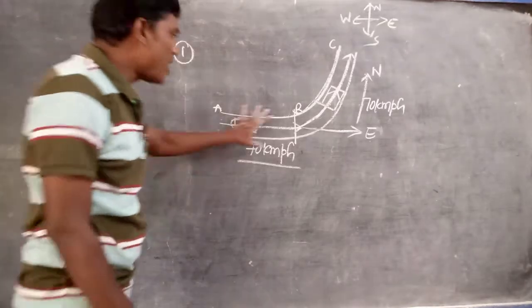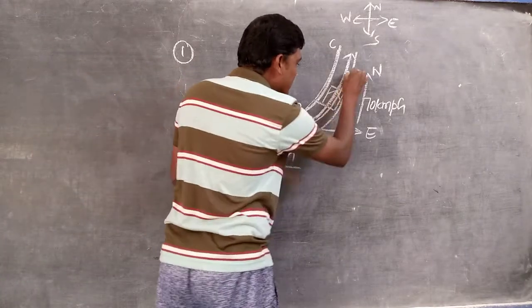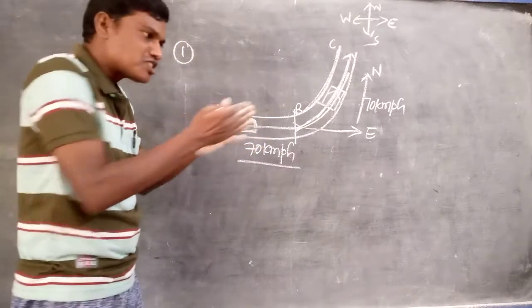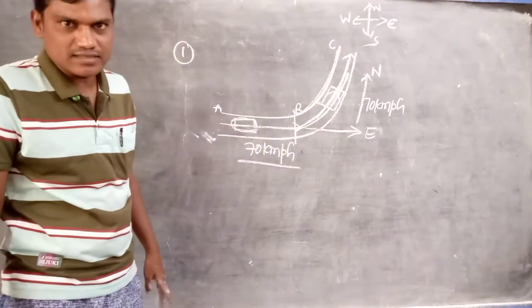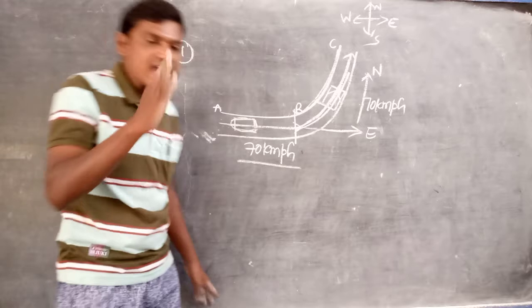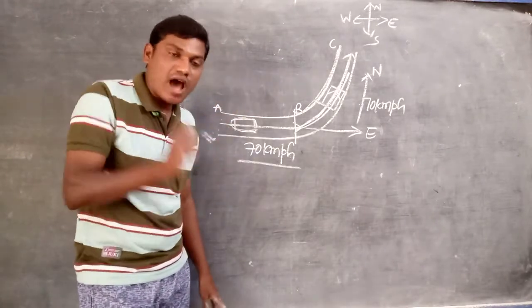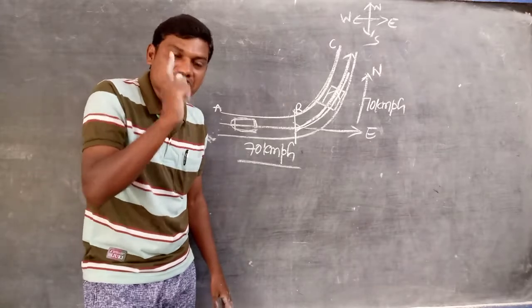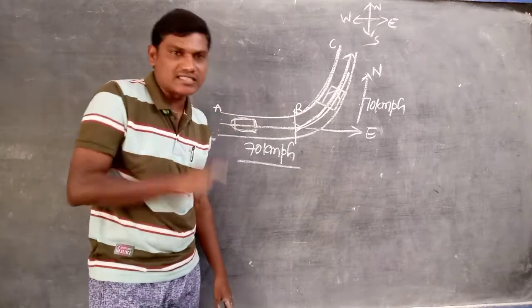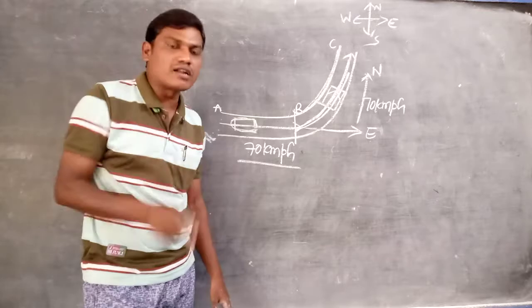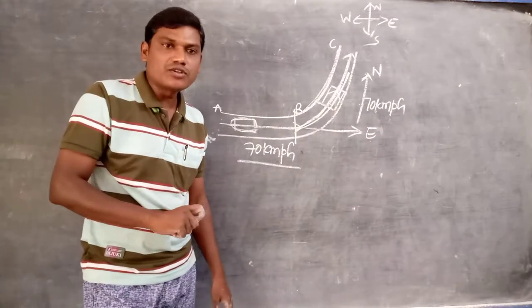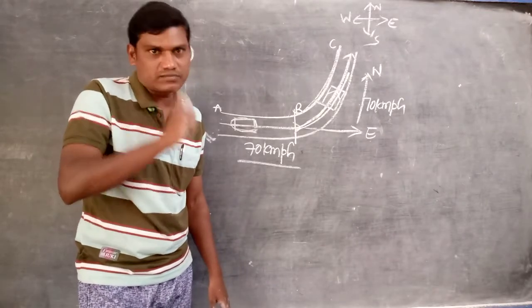Here you are observing that at the curved path, the direction of the velocity changes. I already explained clearly that when a body is moving in a uniform circular path, the speed is constant but not the velocity, even though the magnitude is constant, because velocity is a vector quantity.